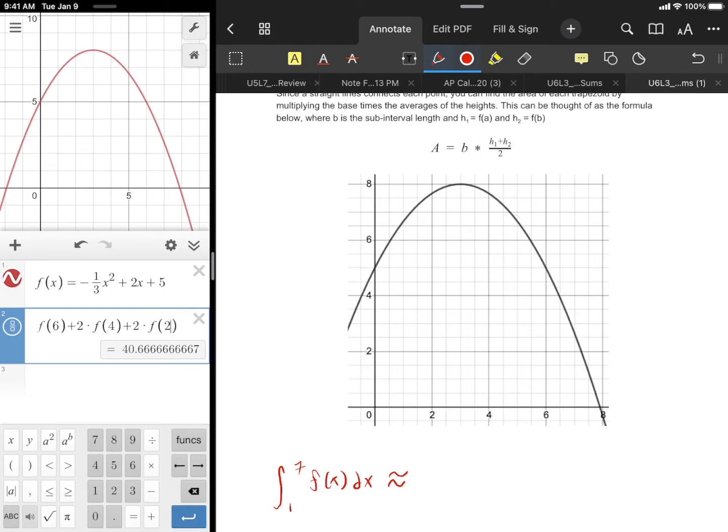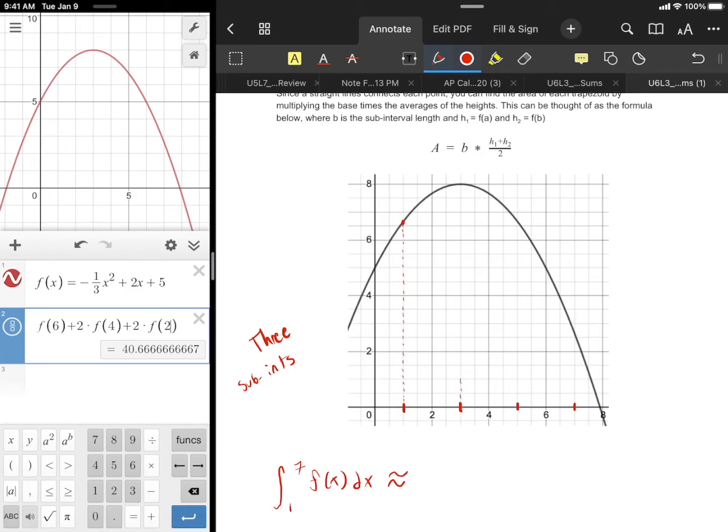And let's say we still wanted to do 3 subintervals. And so we still want to do from 1 to 3, from 3 to 5, and from 5 to 7. What a trapezoidal sum will look like is I'm going to go straight up from this left-hand side, touch my function here.